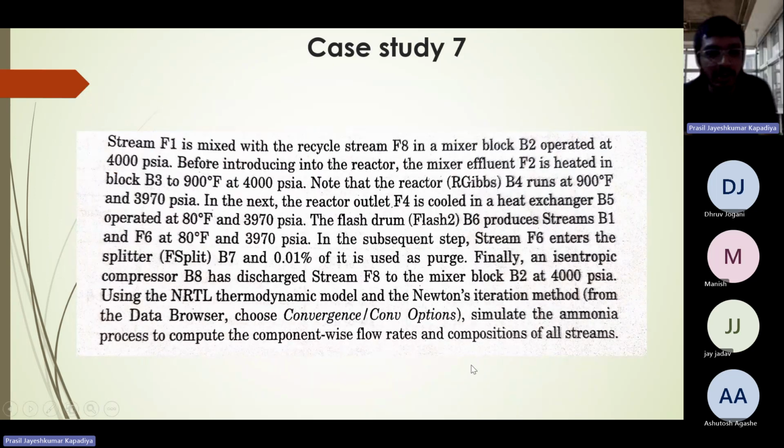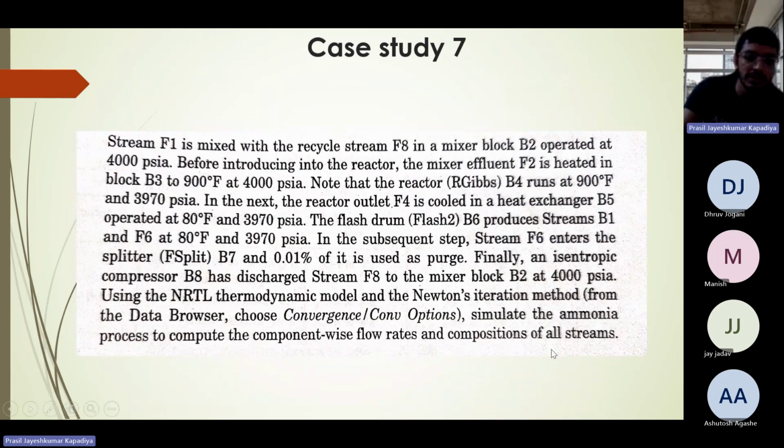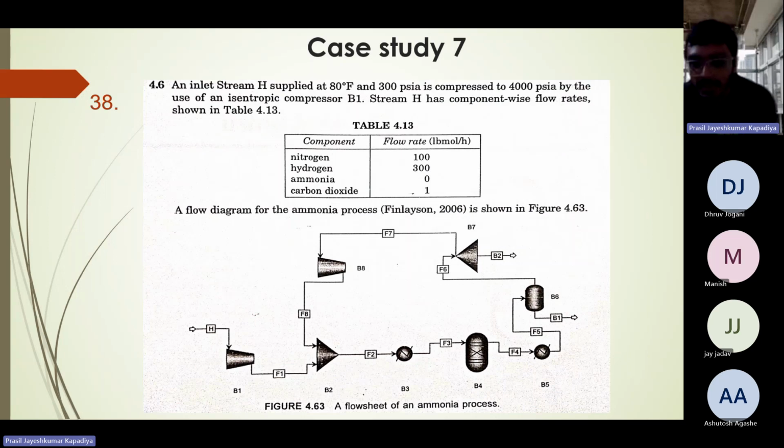Reactor conditions are given. Next, reactor outlet F4 is cooled in a heat exchanger B5 operated at 80 Fahrenheit and 3970 psia. The flash drum B6 produces streams F5 and F6 at 80 Fahrenheit and 3970 psia. Then we are going for the flashing operation, so for flashing we will be getting two streams.